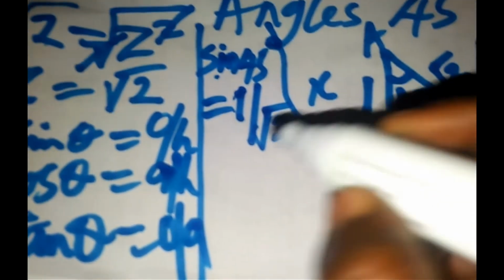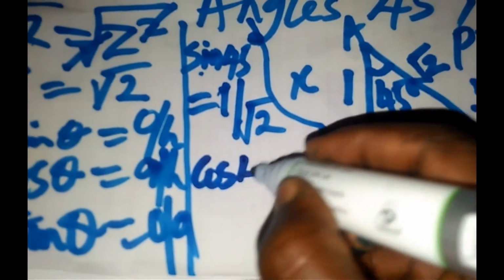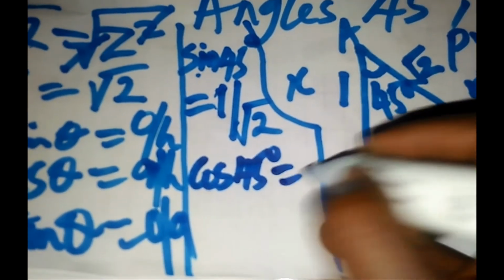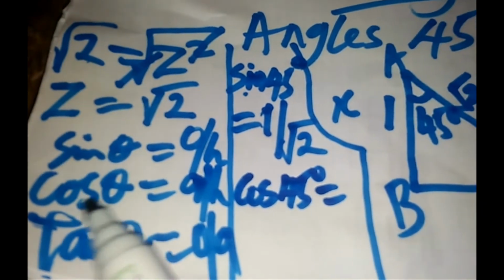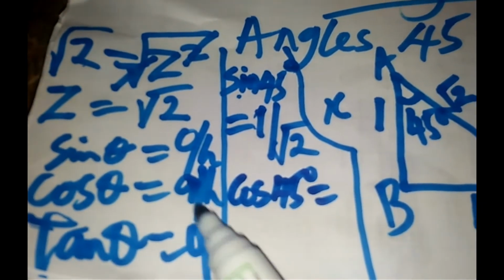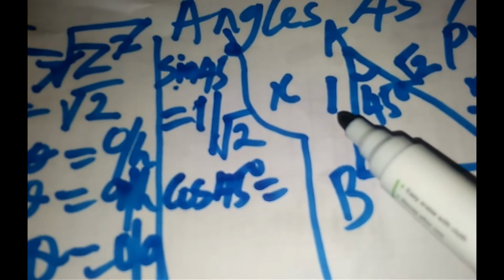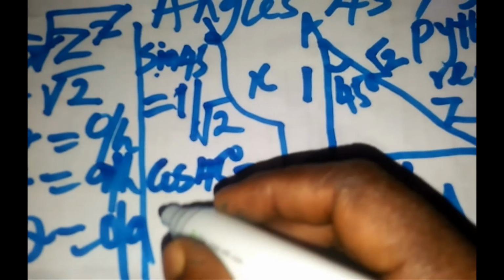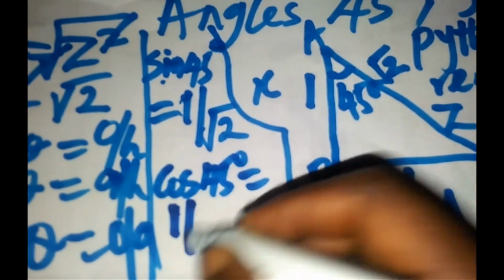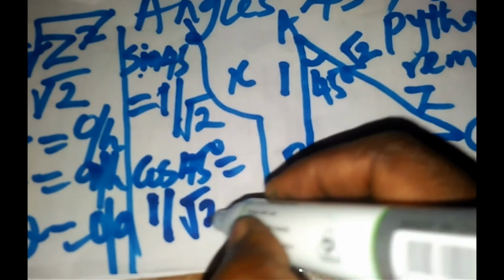So that's it. The next, cos 45 degrees will be equal to, if you check here, cos theta is adjacent over hypotenuse. If this is the opposite, therefore this would be adjacent. So adjacent would be 1 over hypotenuse, square root of 2 also.